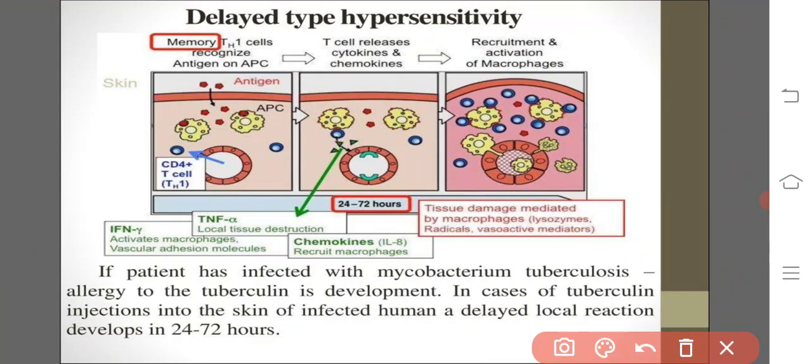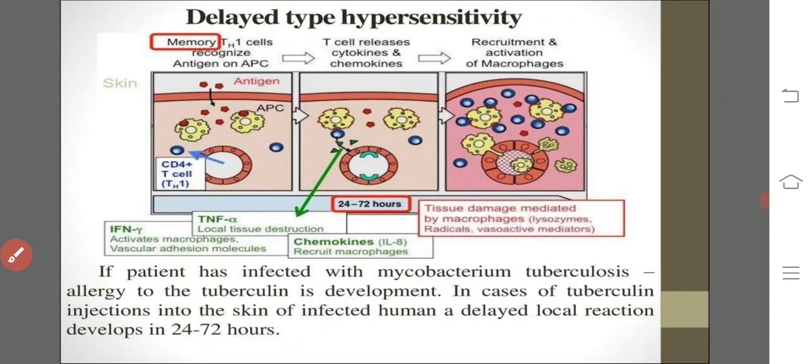Here there is a delayed type of hypersensitivity reaction where if a patient is infected with Mycobacterium tuberculosis, allergy to the tuberculin develops. In case of tuberculin injections into the skin of an infected human, a delayed local reaction develops within 24 to 72 hours.